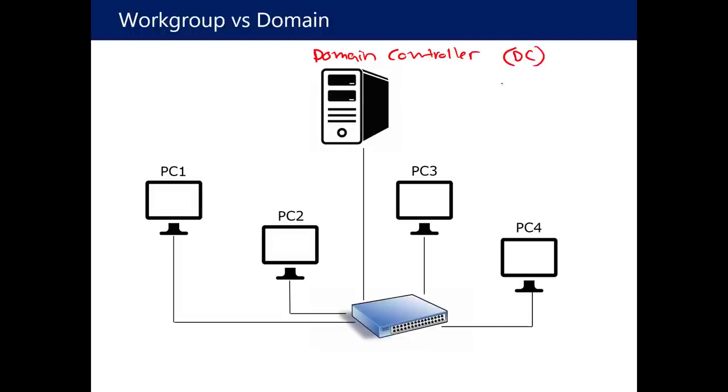This domain controller is actually nothing but a Windows server. This could be Windows Server 2019, 2016, 2012, 2008. Any Windows Server operating system has the ability to be a domain controller.